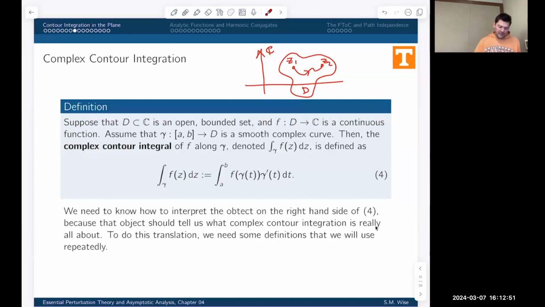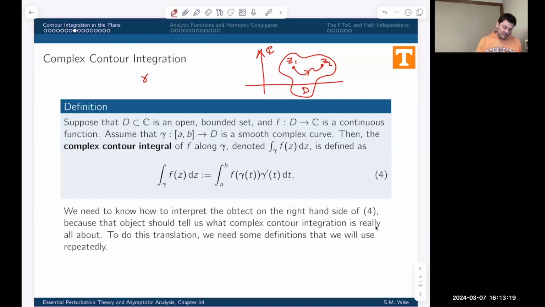So what does it mean for gamma to be smooth? It is a curve that maps an interval, which we can think about as time, into the complex plane. What do we mean for that to be a smooth curve? Well, if it was a real curve, then it would be a smooth function in the usual sense.